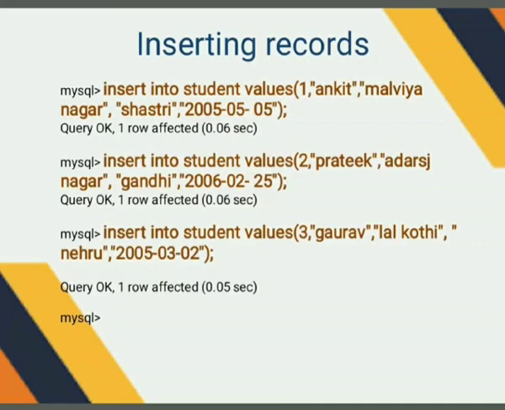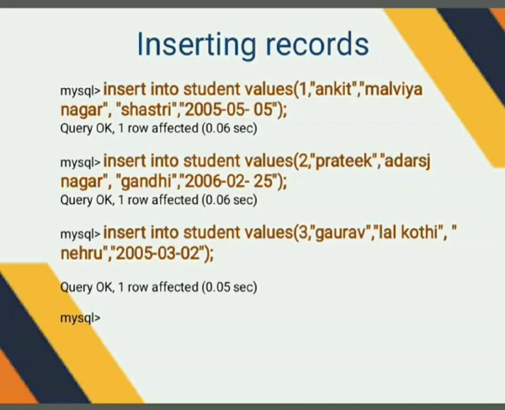Now you have to remember one rule here very clearly. Numeric data types are not enclosed in single quotes or double quotes, any of the quotes. If the data type is numeric, whether it is integer or decimal, no quotation marks will appear.